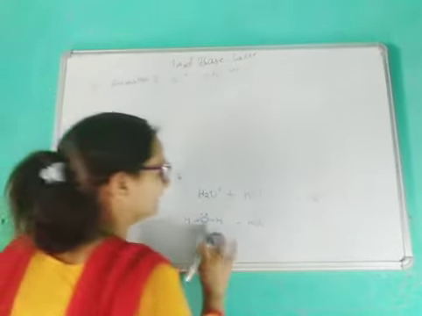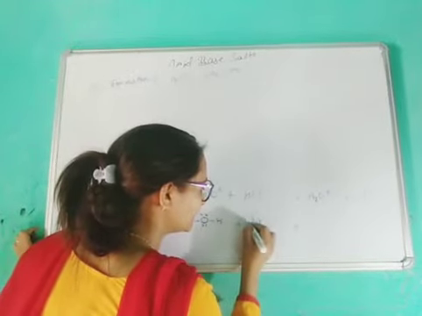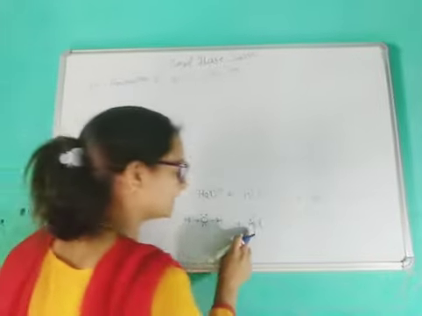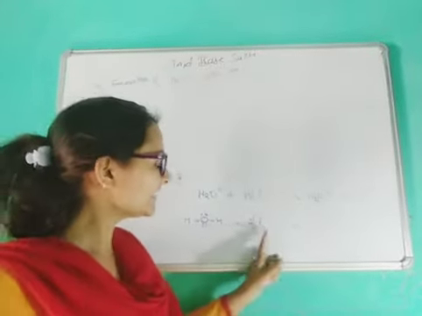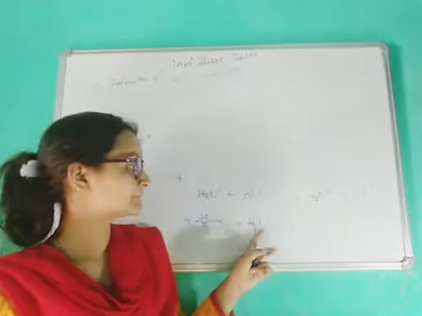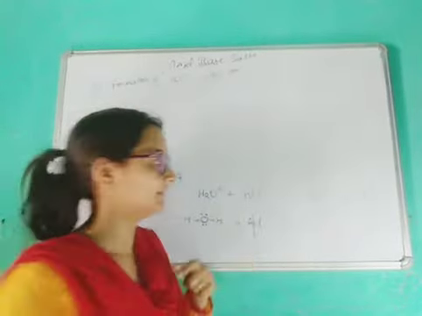Now, when both get mixed, it will dissociate into cation and anion. H will be positive and Cl will be negative. As Cl is very electronegative in nature, it takes up the electrons.